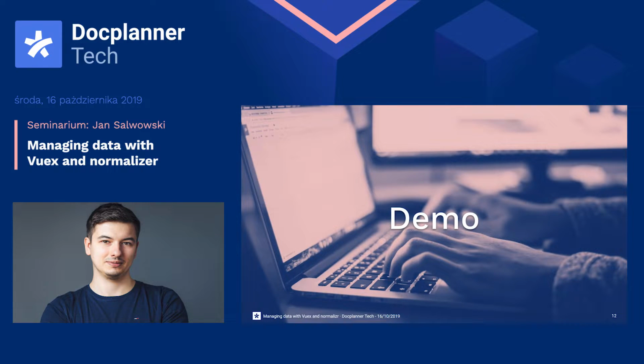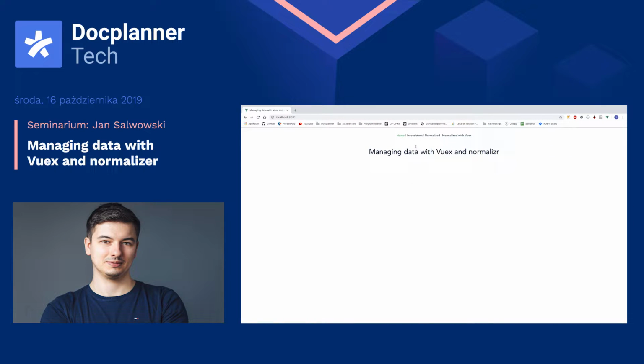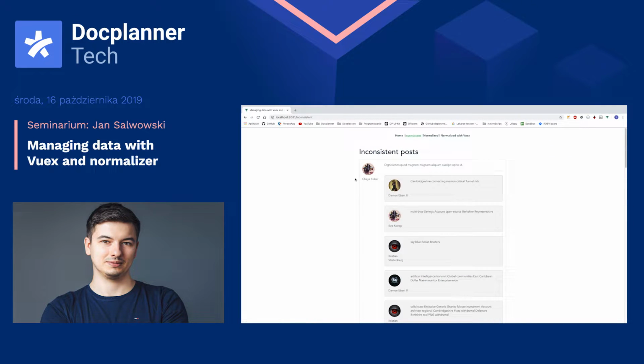So, first demo about the inconsistent data. We have this simple app, and in the runtime, we simulate fetching and refetching some data. Imagine this is the post, these are the comments for the post, and look at the avatars. Here, this daemon guy has this avatar, and the same daemon guy has another avatar.